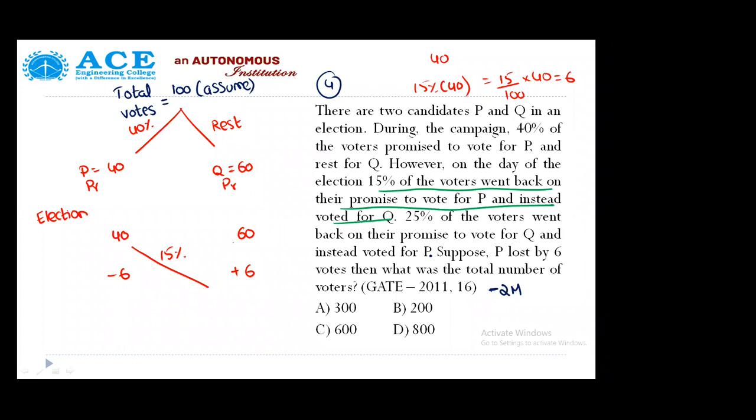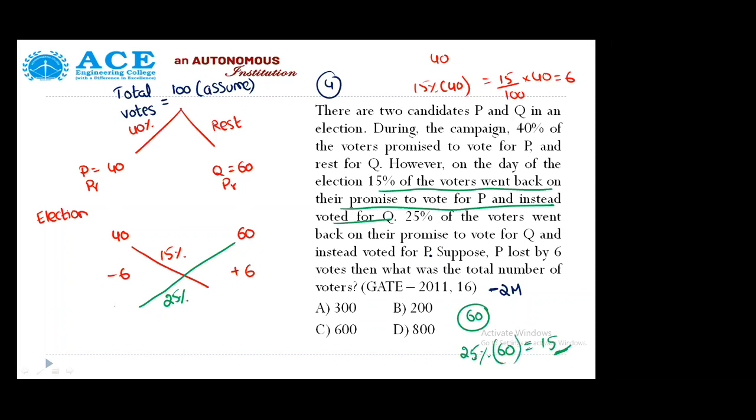Next is 25% of these people. For 60, 25% means 1 by 4 actually. If you want to calculate 25% of 60, it's nothing but 15. 25 by 100 into 60 you have to do. 25% means 1 by 4 you will get. 25% of 60 will get 15.